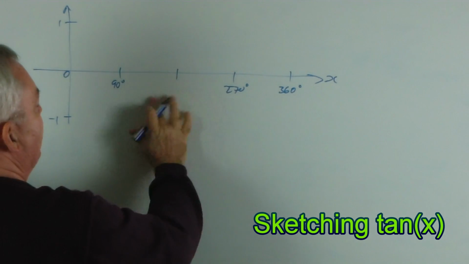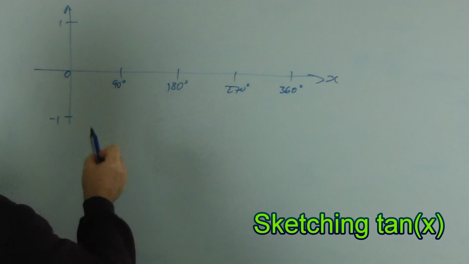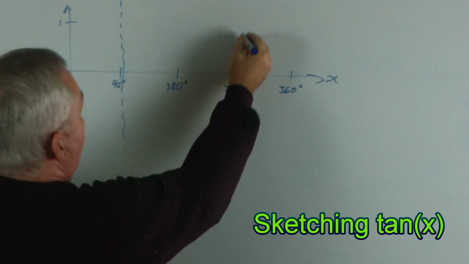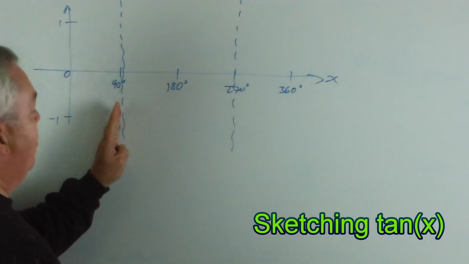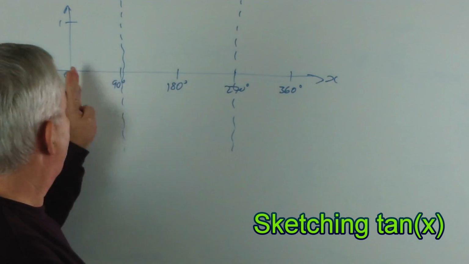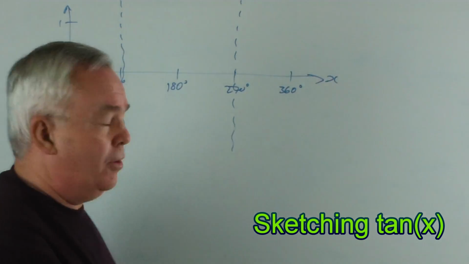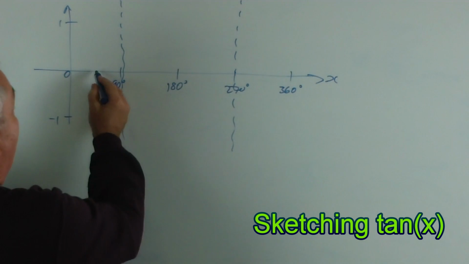Do pardon me, that was very badly written. There we go. Now, the tangent curve has asymptotes at 90 degrees and 270 degrees. Every odd position, the first line, the third line, the fifth line, and so forth. You can think of it as that's odd.